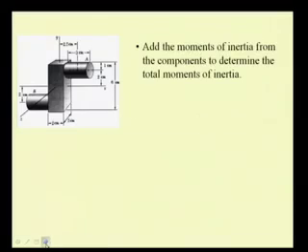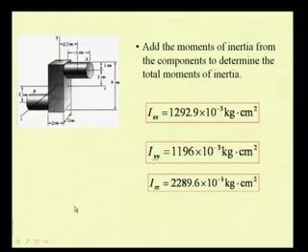In order to now determine the total, we have to sum these values. So, we add all these moments of inertia from the components. We have Ixx as the sum of the second moments of these two cylinders and this prism with respect to this x axis, which in this case has been determined to be 1292.9 into 10 to the power of minus 3 kg centimeter square.